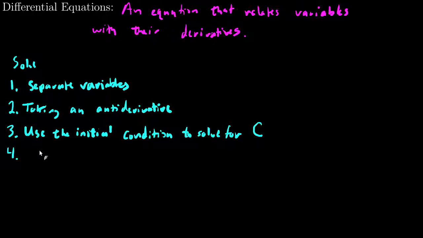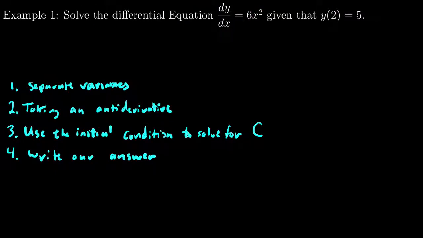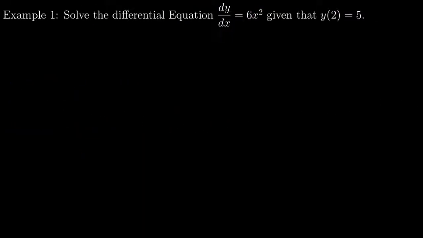And the last thing, we need to make sure that we write our answer. Sometimes this is very simple, sometimes this involves a lot of work. And there are many things that can go wrong here. I'll try to identify those. But these are the steps that we will end up taking. So here are a couple examples.